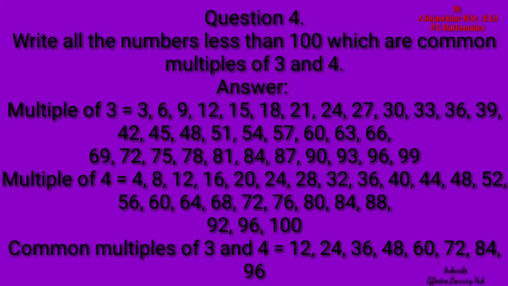Next, multiples of 4: 4, 8, 12, 16, 20, 24, 28, 32, 36, 40, 44, 48, 52, 56, 60, 64, 68, 72, 76, 80, 84, 88, 92, 96, 100. The common multiples of 3 and 4 are 12, 24, 36, 48, 60, 72, 84 and 96.